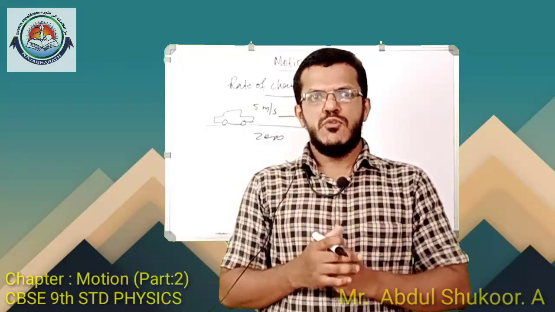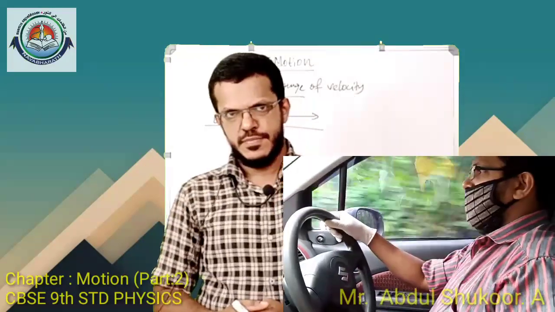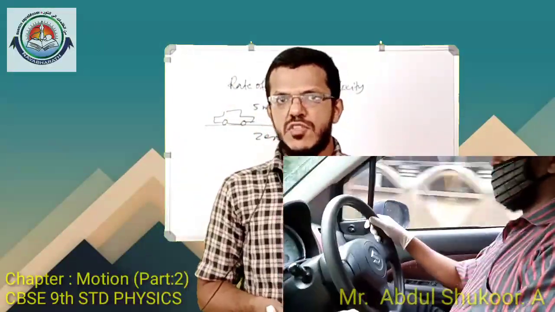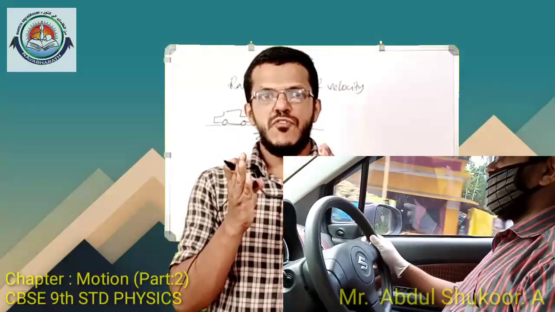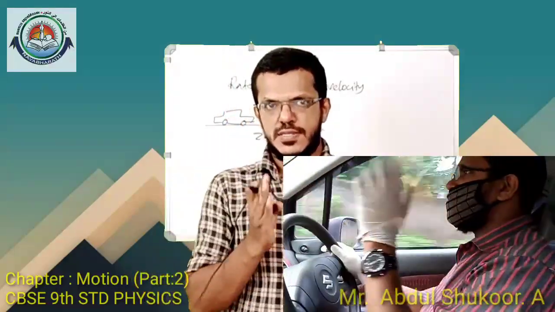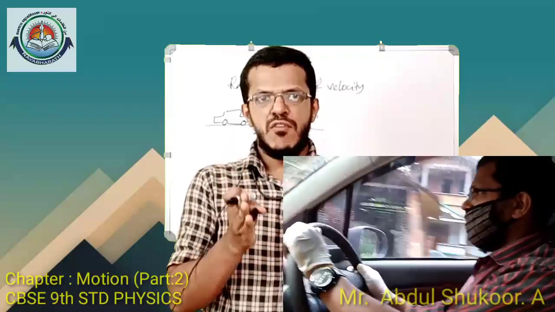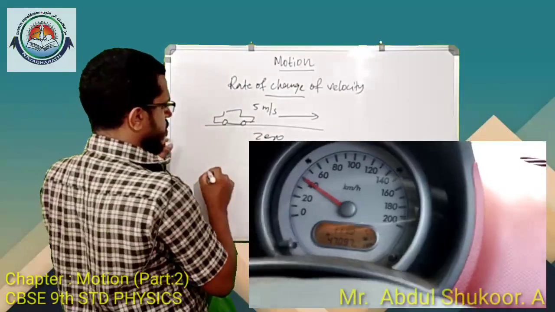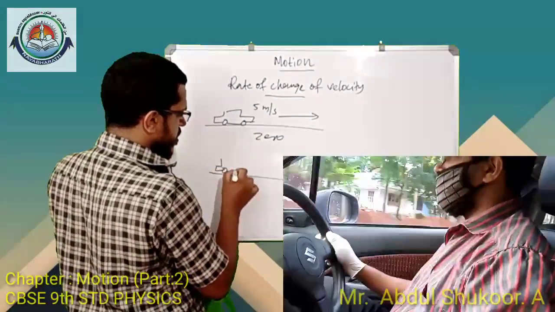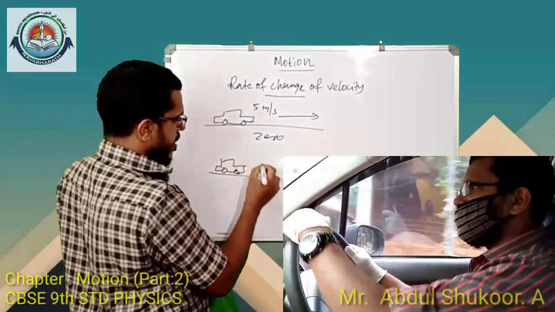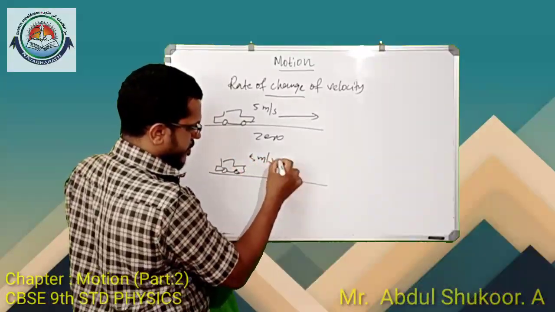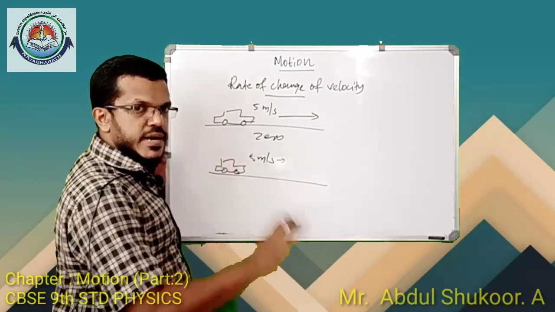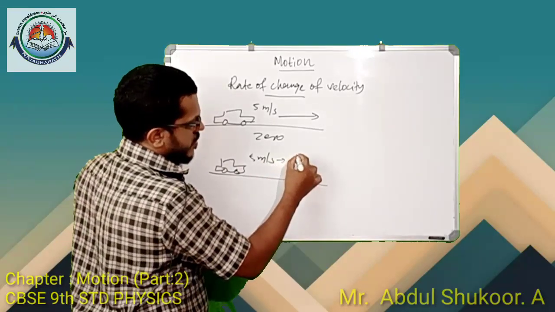In non-uniform motion, velocity varies with time. It has different values at different instances. For example, a car is moving with different velocity at different times. Sometimes it may be 5 meter per second, and when the accelerator is applied, it becomes 10 meter per second.